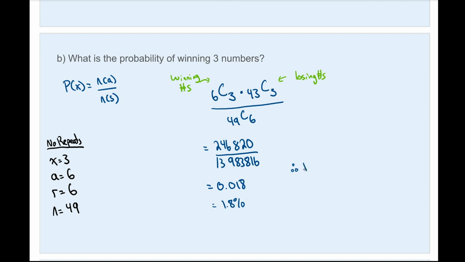So therefore, there is a 1.8% chance of matching 3 numbers. So again, we've done this type of situation in our probability section of combinations, and it's the same formula that we're going to be using for a hypergeometric distribution.